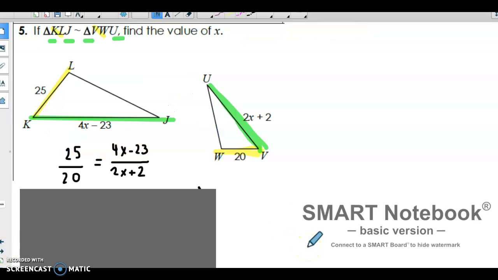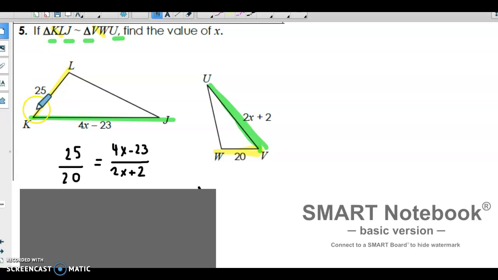Alright, now this one we're actually solving for a variable. So if triangle KLJ is similar to triangle VWU, find the value of x. So reading the similarity statement helped me to figure out which sides are corresponding. So remember, the order of the letters matters.